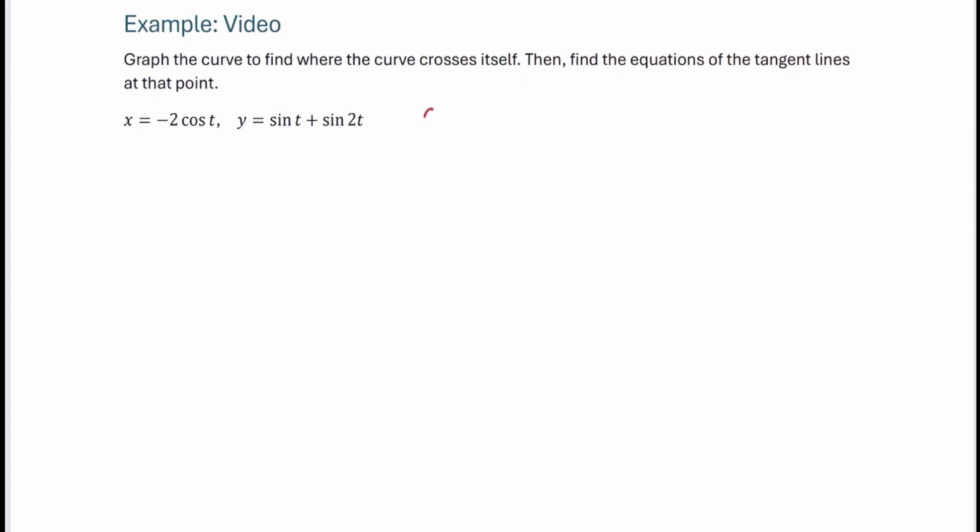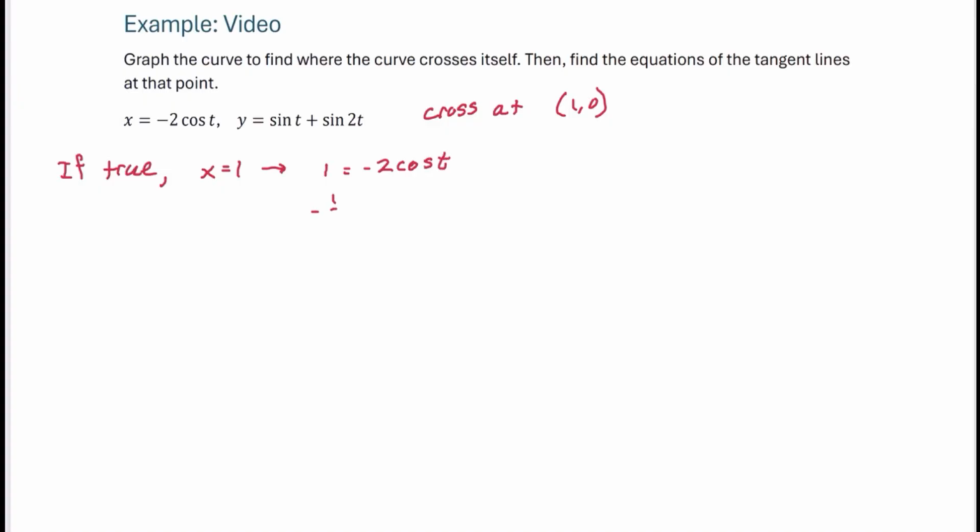So it appears to cross at (1, 0). Let's prove that fact. So if it's true, then x equals 1, we can plug that in to the first equation. 1 equals -2 cosine t. And let's solve this equation.